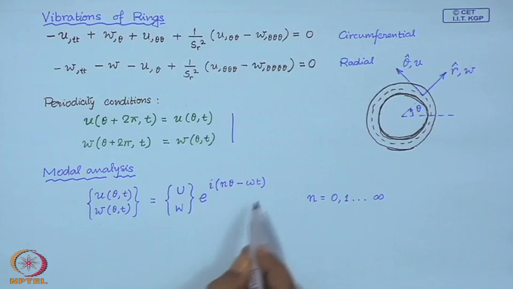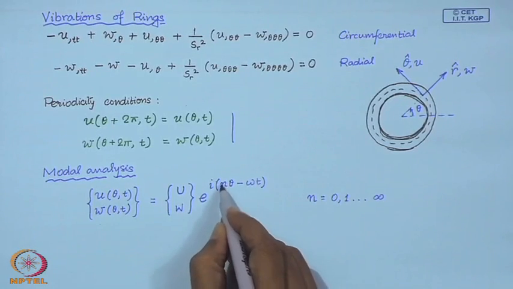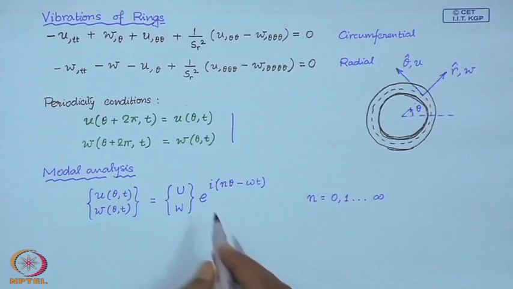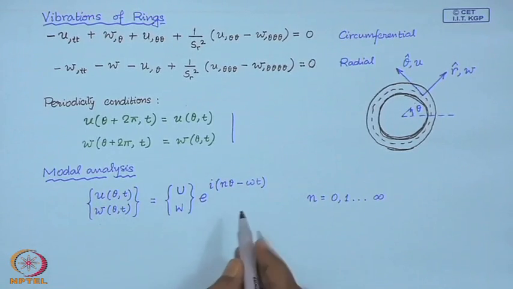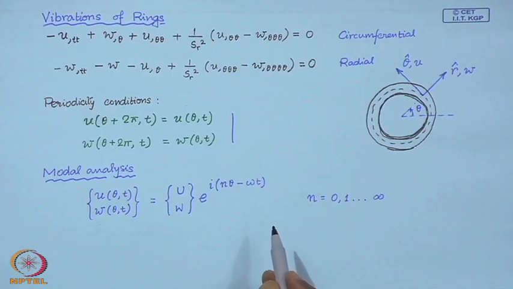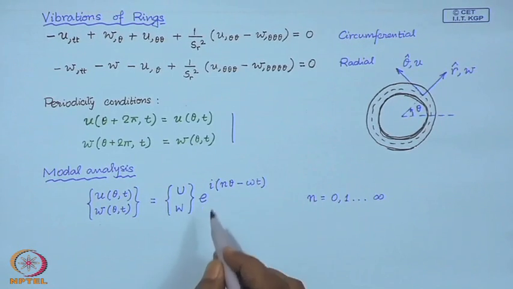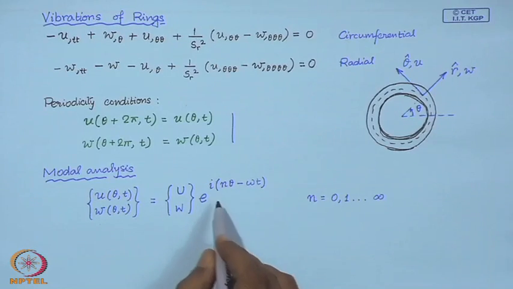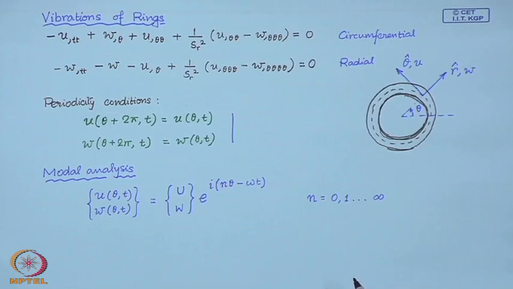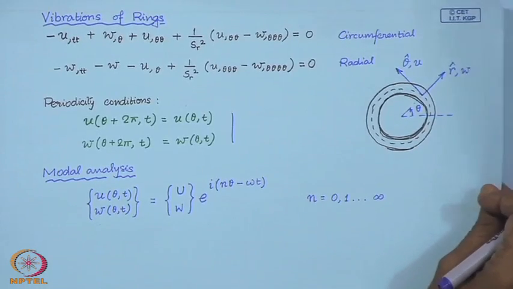So, we search for solutions of this form. Now, if n is 0, then as you can see, it becomes independent of theta, which means we are talking about axisymmetric modes, so modes which are independent of theta. For non-zero values of n, we have non-axisymmetric modes. So, let us see what happens when we consider a solution like this.